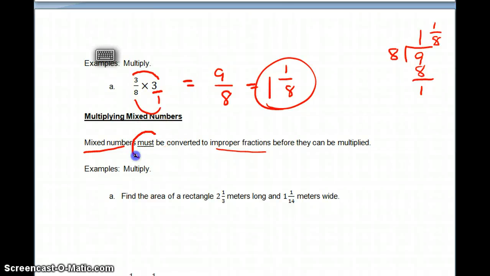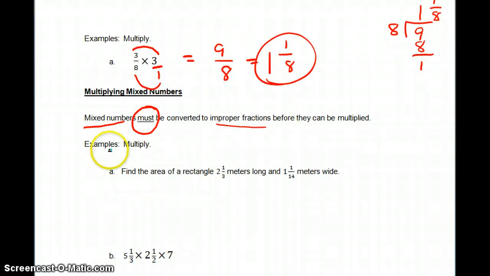Mixed numbers must be converted to improper fractions before they can be multiplied. No ifs, ands, or buts. You absolutely cannot multiply a fraction if it is in the form of a mixed number. It cannot be computed. You have to make it into the form of an improper fraction.